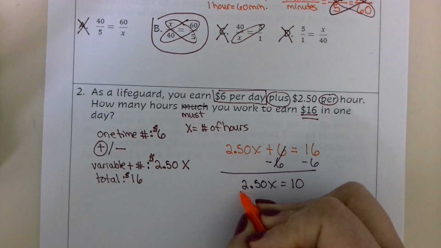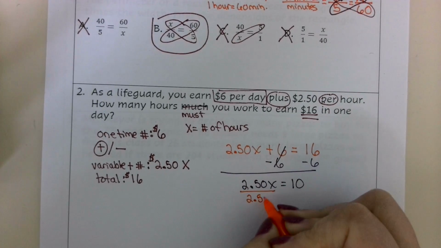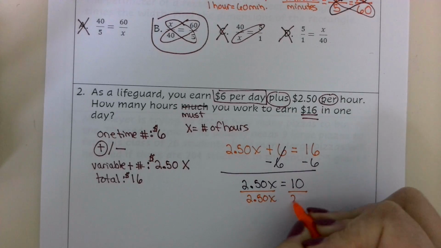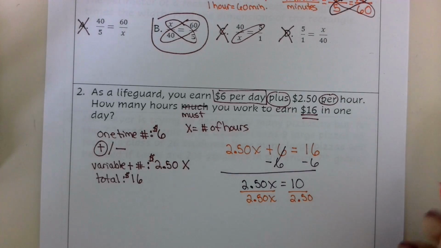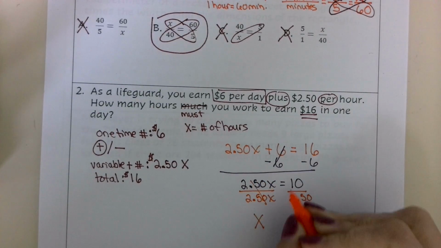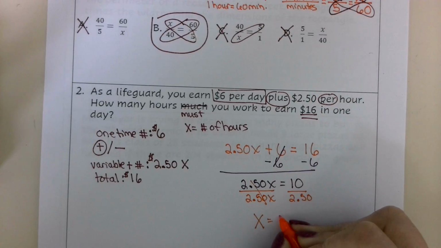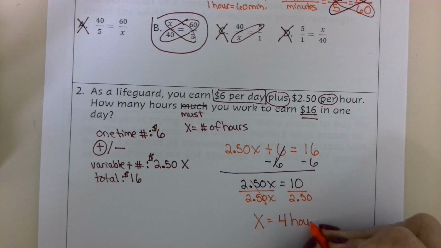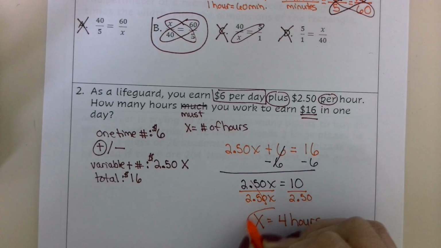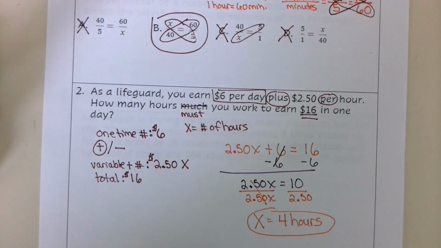Now I divide both sides by 2.50, or 2 and 50 hundredths, or 2 and 5 tenths. And I use my calculator. 10 divided by 2.5 is 4. So the answer to this is 4 hours. And I've set up my equation and solved.